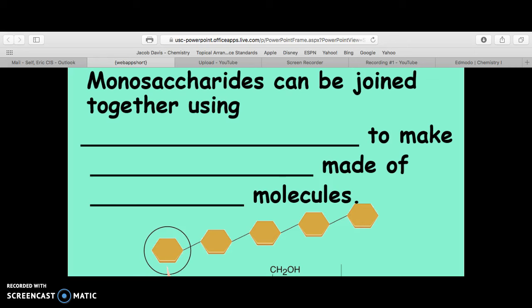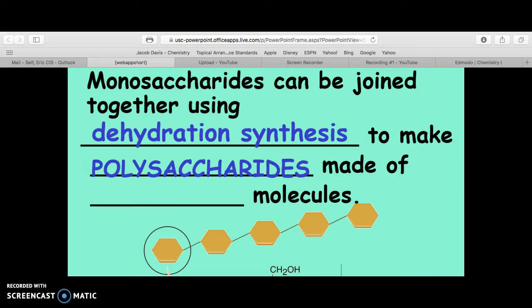Monosaccharides can be joined together, and what we're going to use to join those together is the dehydration synthesis we talked about yesterday. We made note that this dehydration synthesis actually is where we remove water out of the compound, and I told you to think of wringing a rag out. You're getting rid of all of the water there. And once we've removed the water from the monosaccharides, we can then join them together into a chain, and that chain would be called polysaccharides.